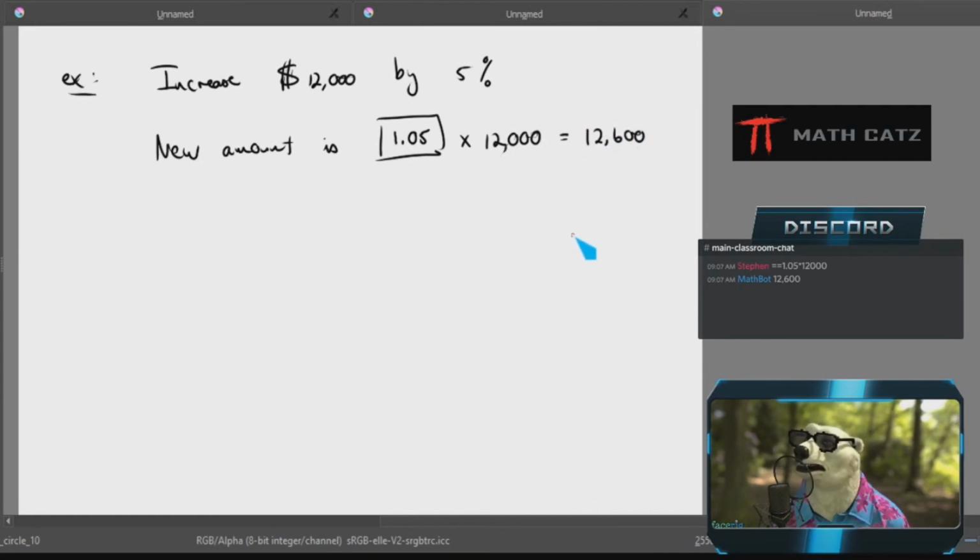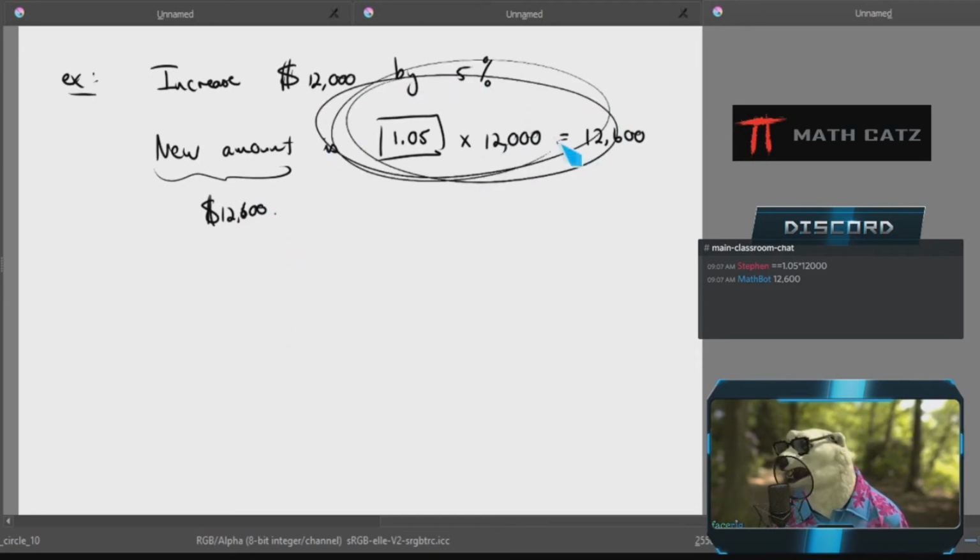12,600 is what I get. So my new amount here is 12,600. It's the calculation. The answer is a formality with a calculator. It's not important. Well, I mean, it is important, but it's a byproduct of the calculation.